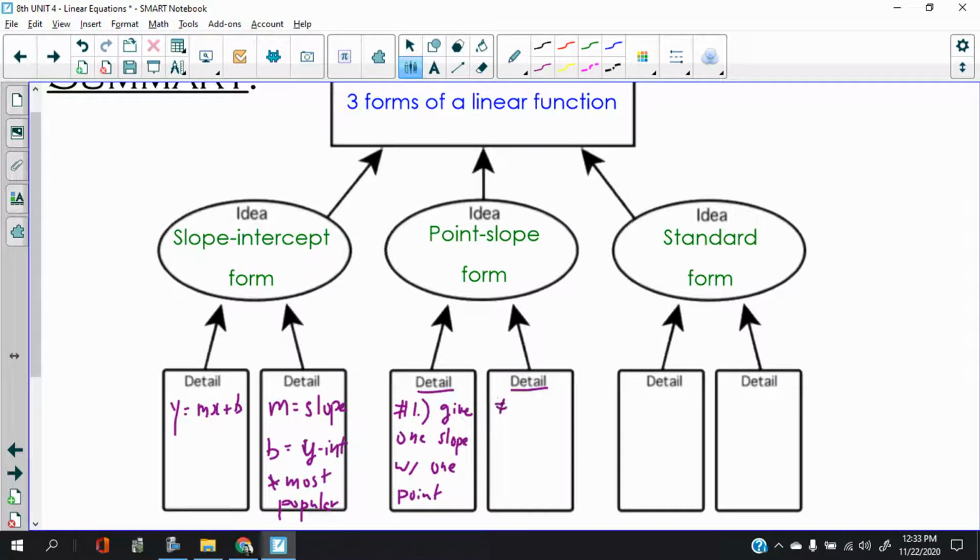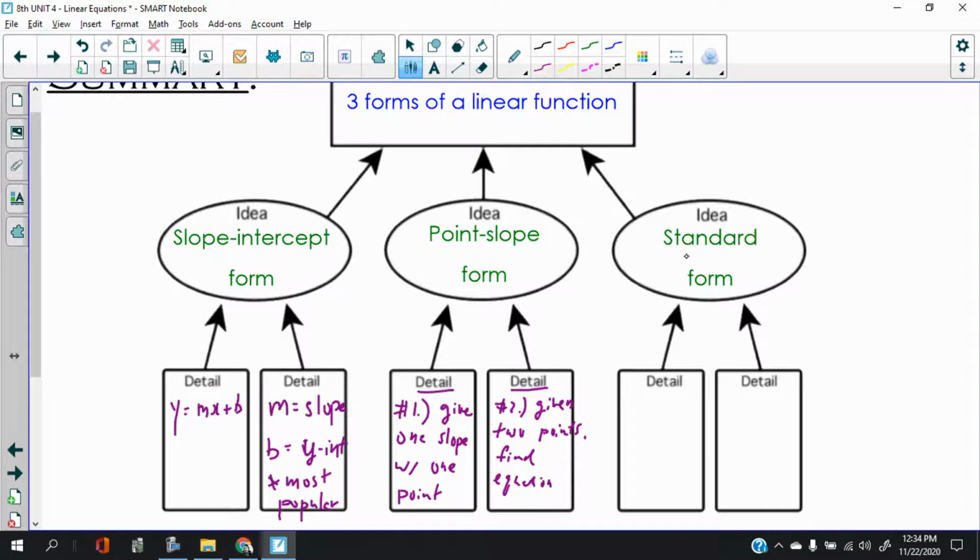And then a second application is I give you two points. Given two points, find the equation, which goes back to slope-intercept form, by the way.